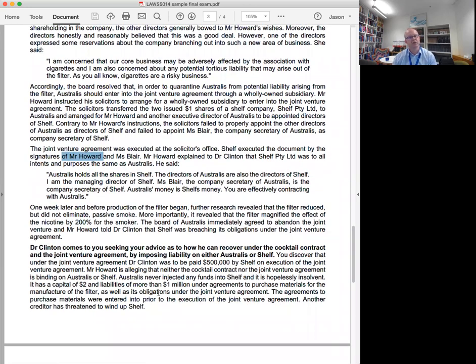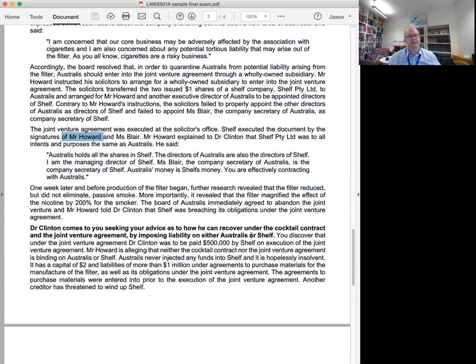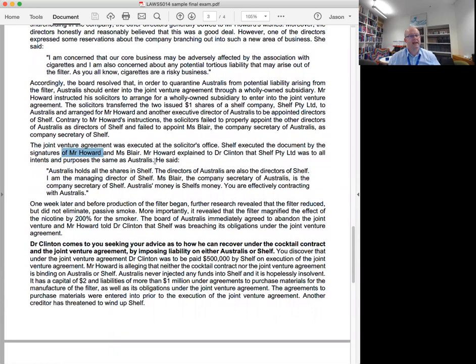And then the second contract is the joint venture agreement between Shelf and Dr. Clinton. So it's whether or not Dr. Clinton can enforce that agreement. And maybe he can on the basis that if Howard is the director of Shelf, Ms. Blair might believe she's the company secretary of Shelf, but the solicitors have failed to properly appoint her as company secretary.